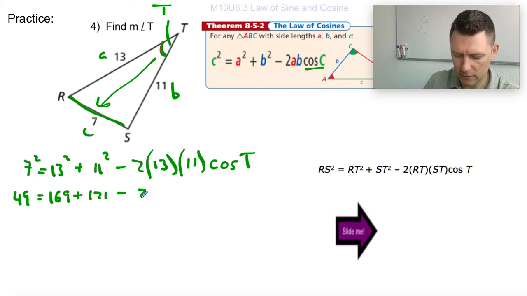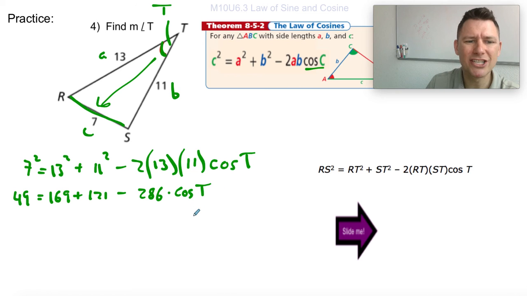This is 286. I don't know what T is, so I'm going to go times the cosine of T. We have to deconstruct this and isolate cosine of T. So first you're going to have to subtract this off of both sides, and then divide by this, right?